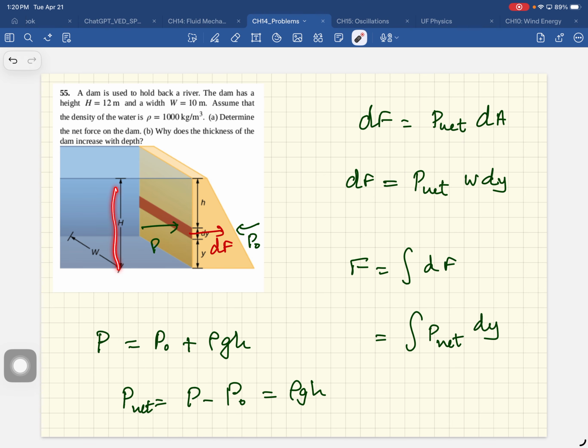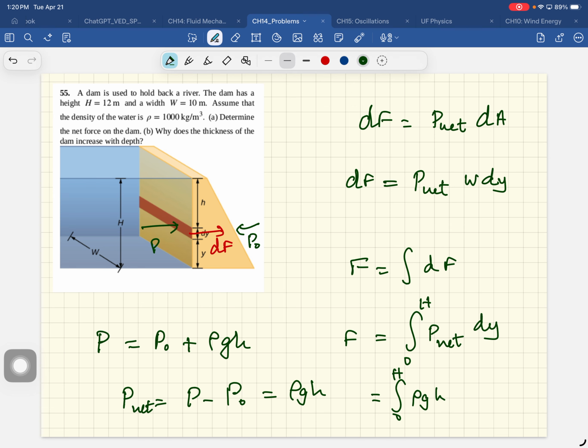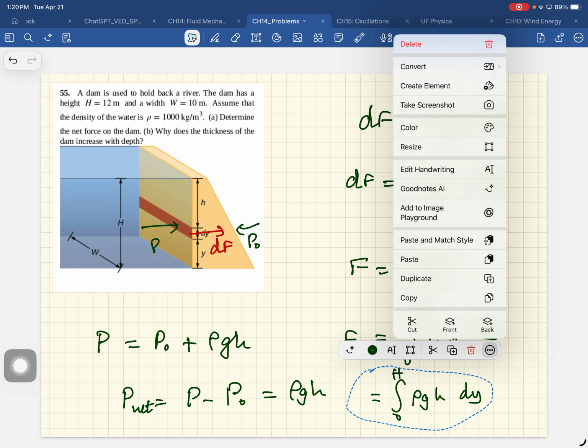The reason we are doing it this way is so the net force on the wall is this, and H times w is the area of the wall. This is the gauge pressure at depth H. This half is the average gauge pressure on the wall. So the force is the average pressure times the area of the wall, and that makes sense.